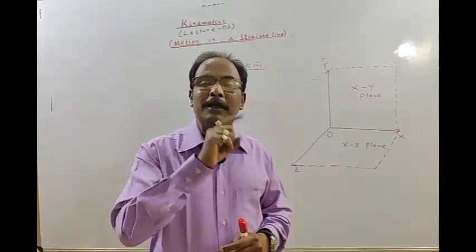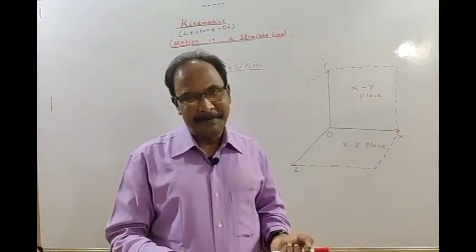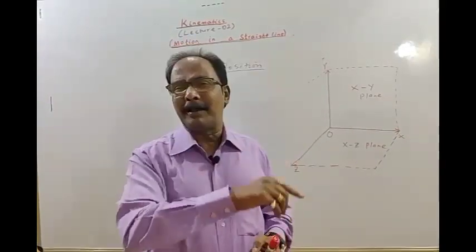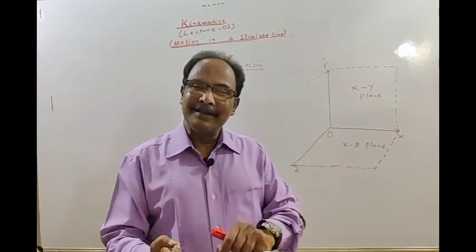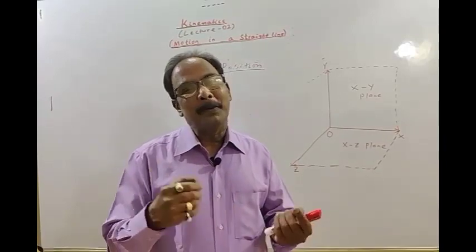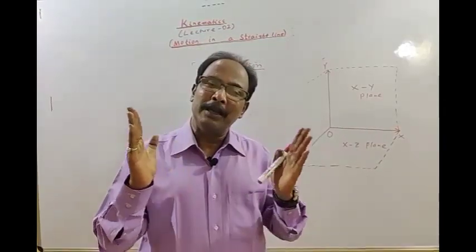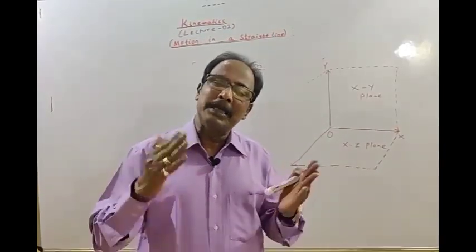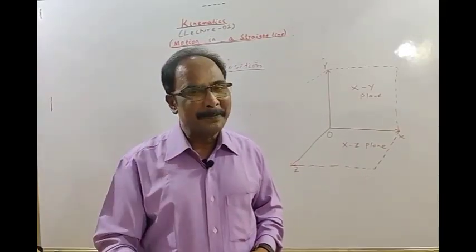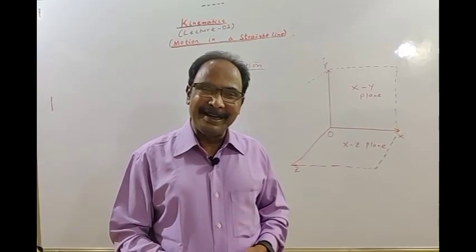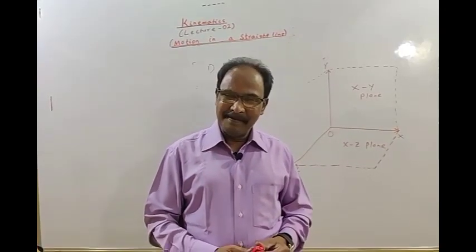Then another thing is direction. Thus position needs direction. Distance with direction; distance is magnitude with direction. So position is a vector. Position is expressed in terms of the position vector. We have already discussed it in my first lecture.